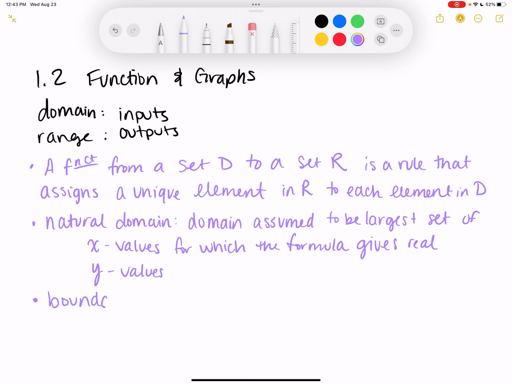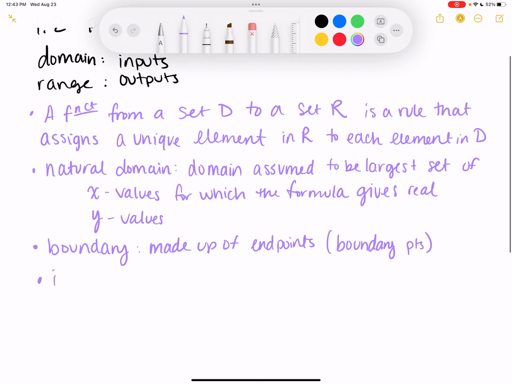A boundary is made up of endpoints, also known as boundary points. The interior are the remaining points, or interior points.